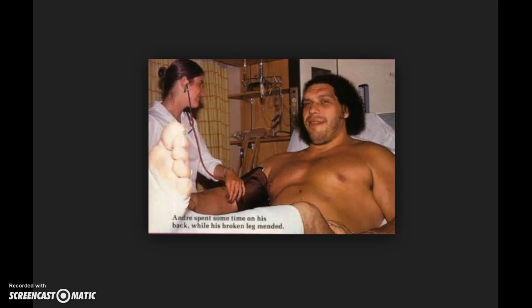Here's the other extreme: gigantism. Here it started when he was a kid and continued throughout his life. So Andre, if you're a fan of 80s wrestling, or you've seen The Princess Bride, Andre the Giant, you can get an idea of why he was called that compared to his regular-sized nurse over there.